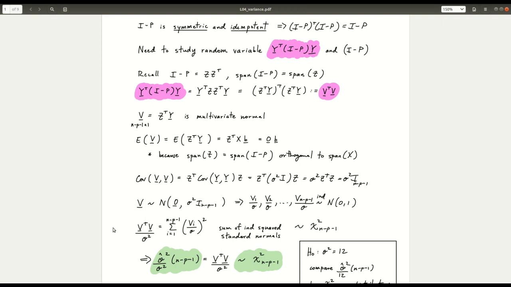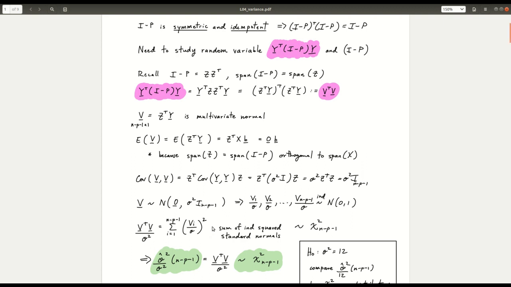So the entries of V divided by sigma are independent normal 0, 1, which means that if you square them and add them up, you might recall that the square of a normal 0, 1 is a chi-squared with 1 degree of freedom. And then the sum of the squares of a bunch of independent normal 0, 1s is a chi-squared with degrees of freedom equal to the number of things that you added up.